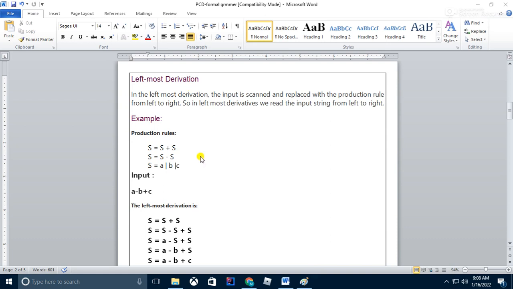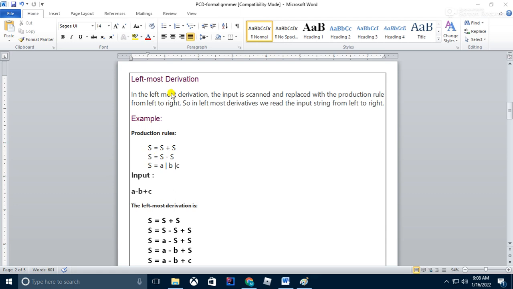During the parsing process, our compiler, or the syntax analyzer phase of the compiler, is required to obtain the given input string by using the production rules. So during this parsing process, the production rules are replaced with the given set of non-terminals and production rules.